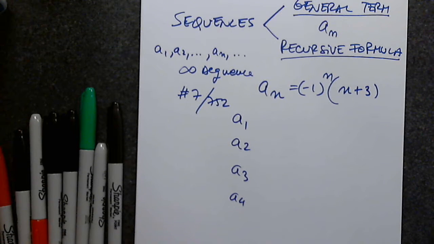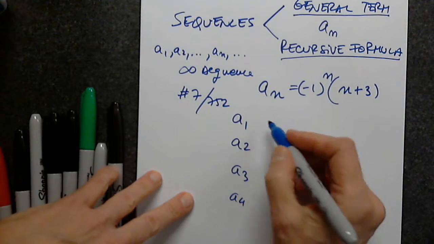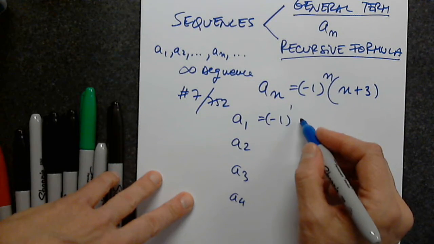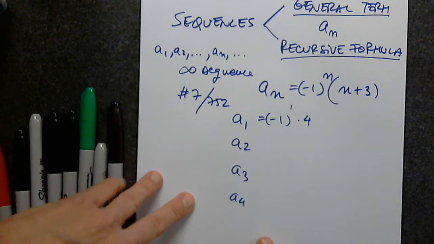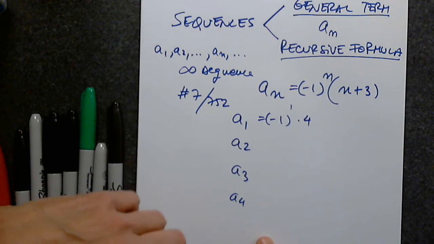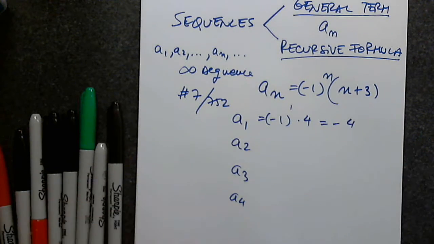When I am asked to find A1, what do you think I will do? I will replace n by 1. So this will be -1 to the first power multiplied by 4. But -1 raised to the first power is -1, times 4 will be -4. That's all I need to do.